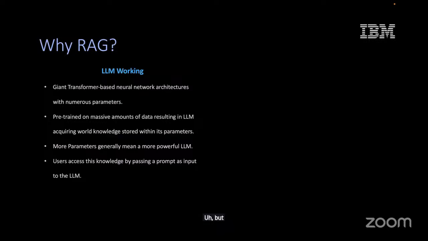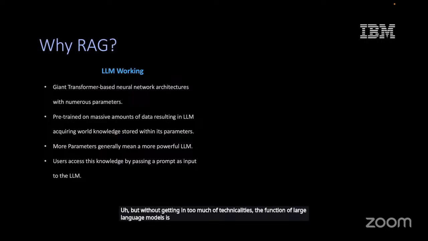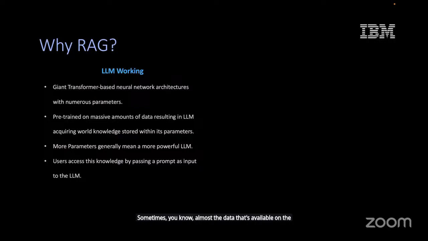But without getting into too much of technicalities, the function of large language models is that it is trained on massive amounts of data, sometimes almost the data that's available on the internet. And based on that, it would acquire some knowledge. And that knowledge is stored in the form of parameters.